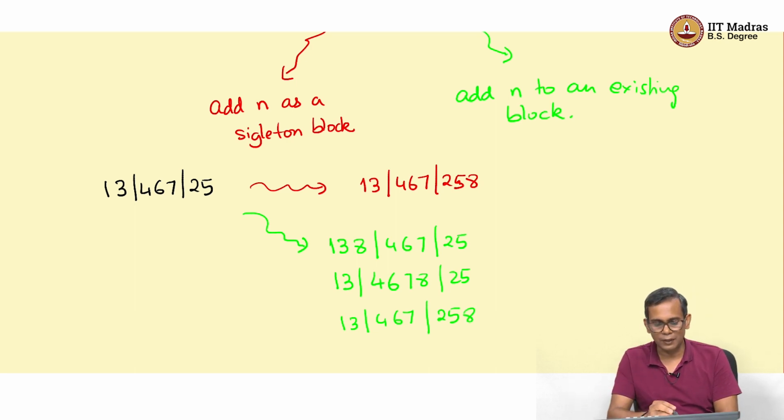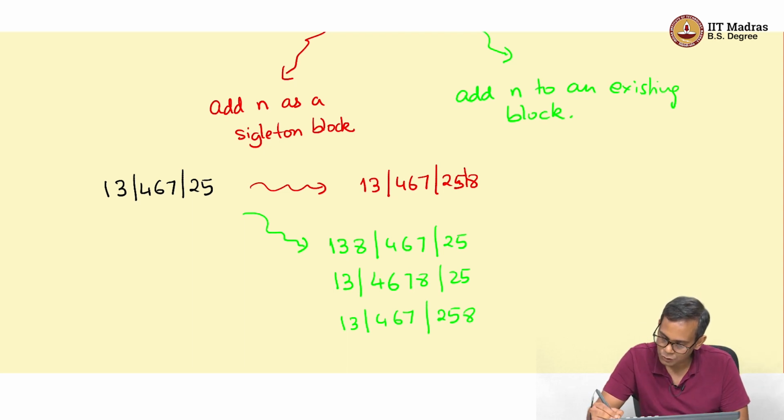So, you see from this set partition of 7 with 3 blocks, I got 4 set partitions of 1 to 8. Oh, here this 8 is supposed to be in a block of itself. So, I got 1 set partition with 4 blocks and I got 3 set partitions with 3 blocks.